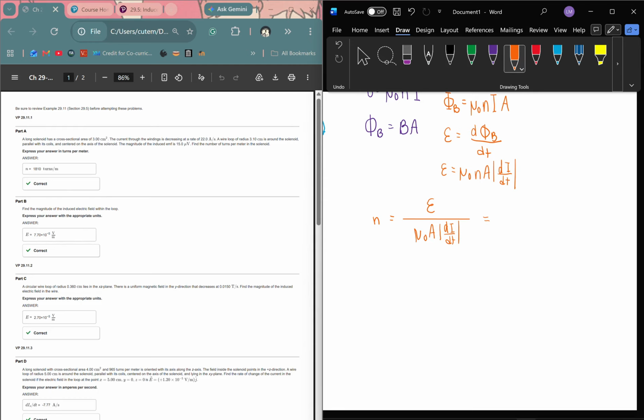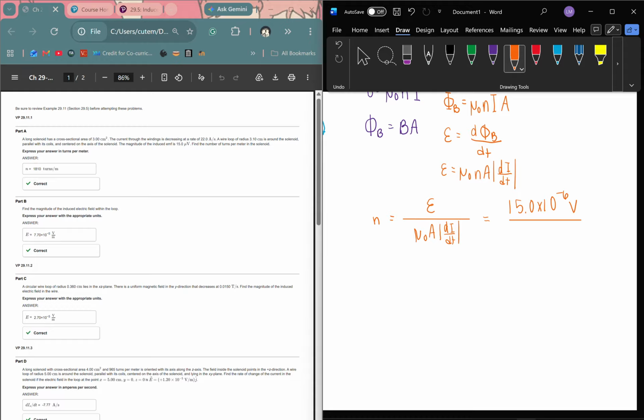We're actually converting the EMF, so we're going to substitute it to volts: 15.0 times 10 to the power of negative 6 volts.